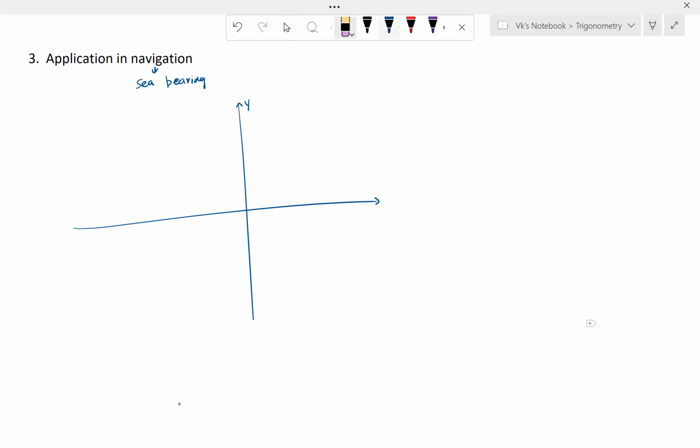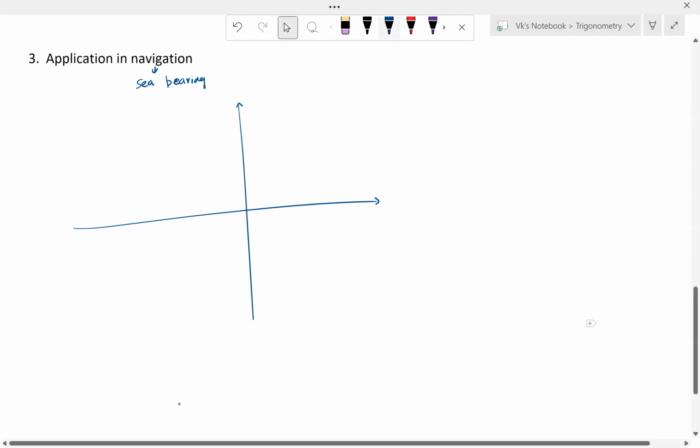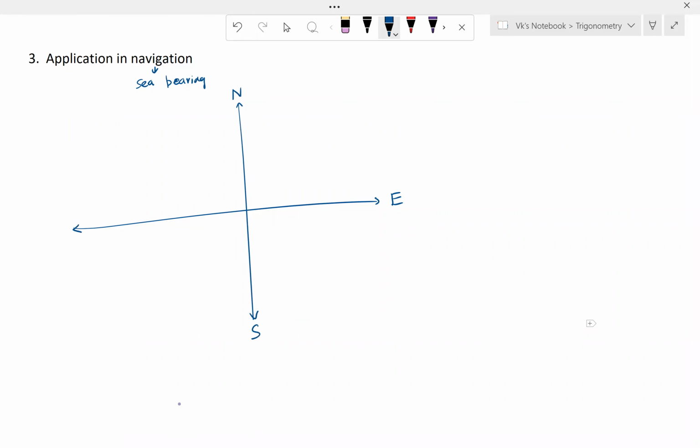In an XY plane, the right side is east, up is north, down is south, and to the left is west. If we are going in this direction, and this is the angle theta, then the bearing is north theta east.